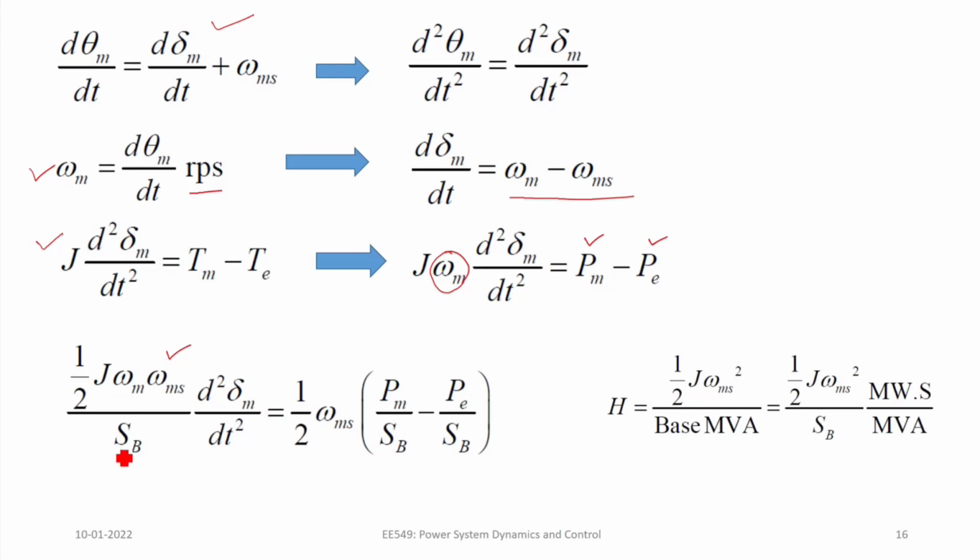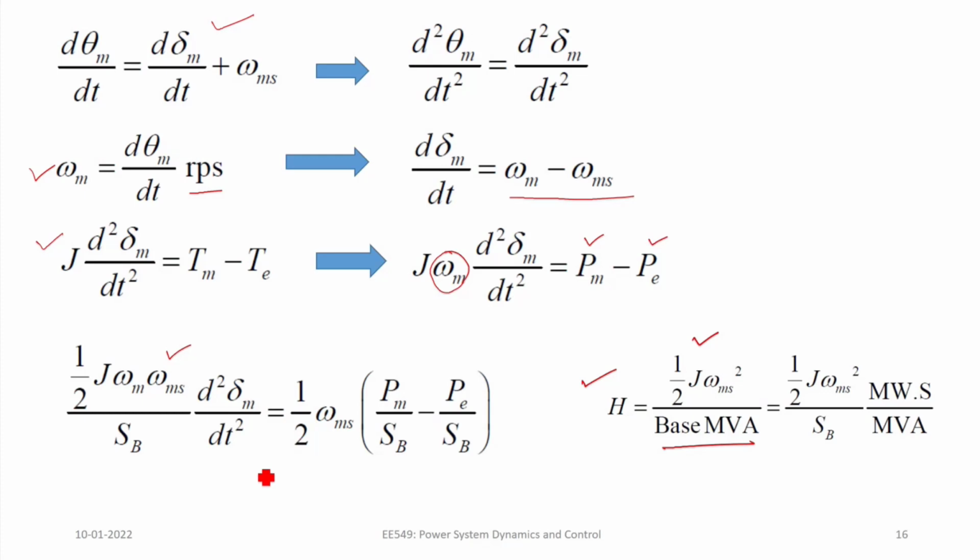If we consider H, the inertia constant, as half J omega ms square by base MVA, this is the kinetic energy stored by base MVA. That is the definition of inertia constant H.